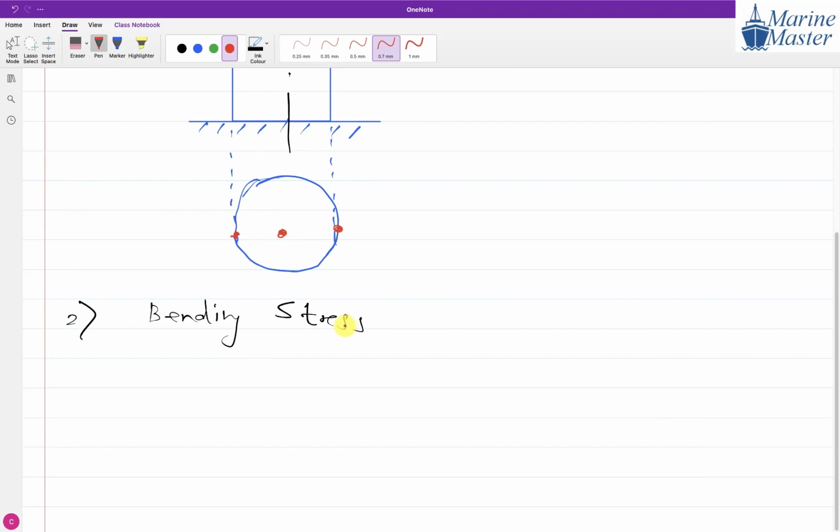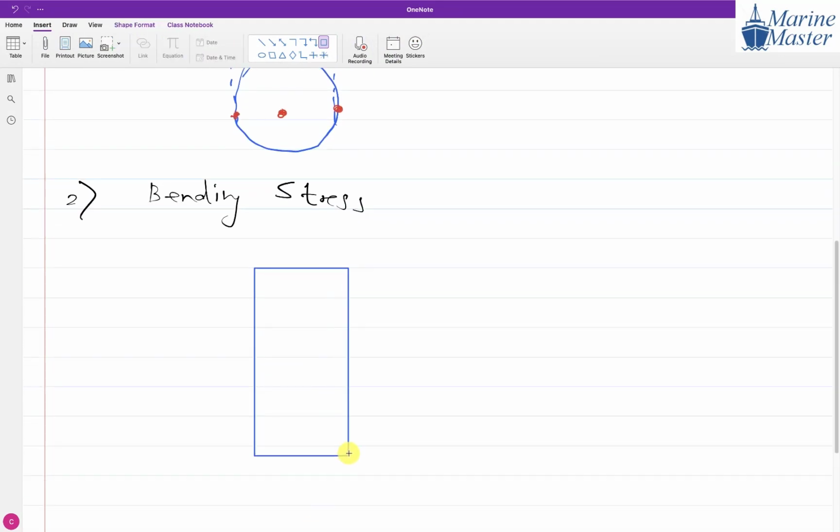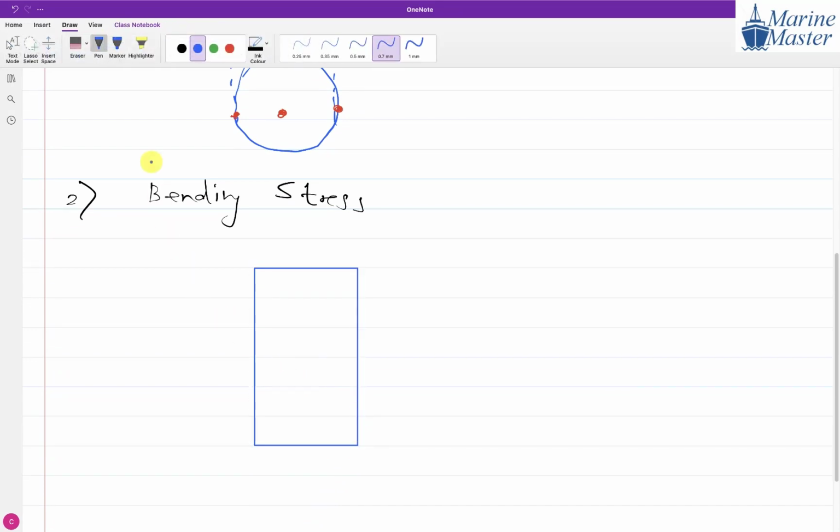Next point, bending stress. We are going to consider this same column. Now everyone observe the difference between direct stress and bending stress and what is going to happen, because the next thing is a combination of direct stress and bending stress.